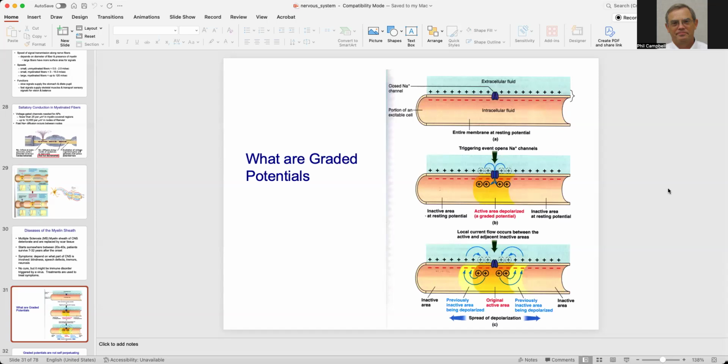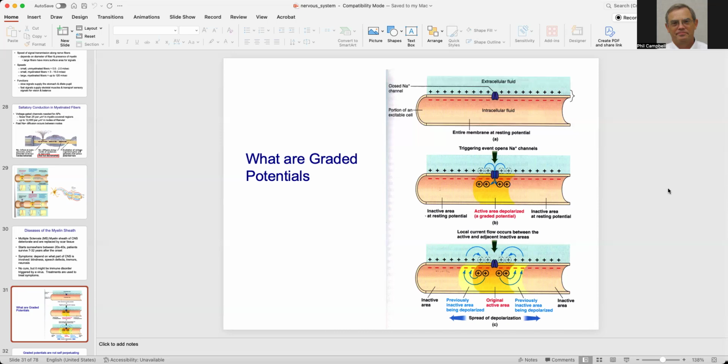If you looked at frequency, I can increase the frequency, but I still have to have individual action potentials. All right. There is a threshold potential that initiates them. Once they go, they all reach the same amplitude. They also exhibit absolute refractory period and relative refractory period.